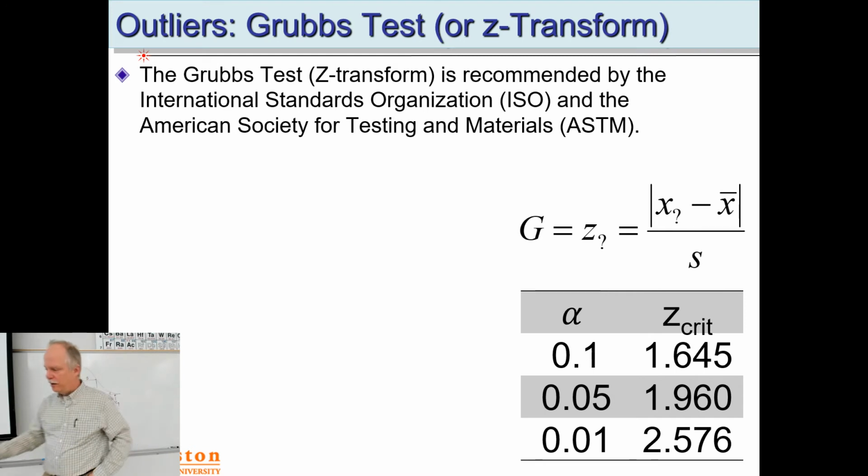And this is how you calculate it. You take the questioned value, subtract the mean, and divide by the standard deviation. Subtracting the mean essentially moves it over to where you're comparing it to the mean of 0, and dividing by the standard deviation counts how many standard deviations it is from the mean.